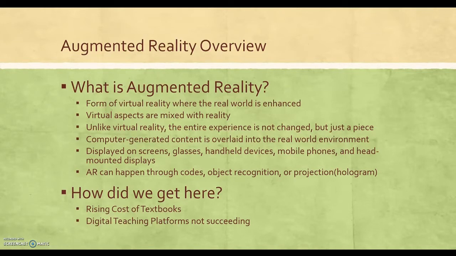There are several different types of augmented reality, and this is true in how you have probably experienced it, and of course how you can set it up to be used in your classroom. The first way is known as marker-based AR, or, as I've noted here on the slide, through codes.